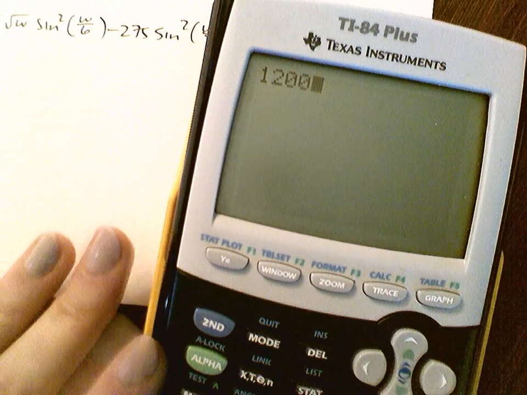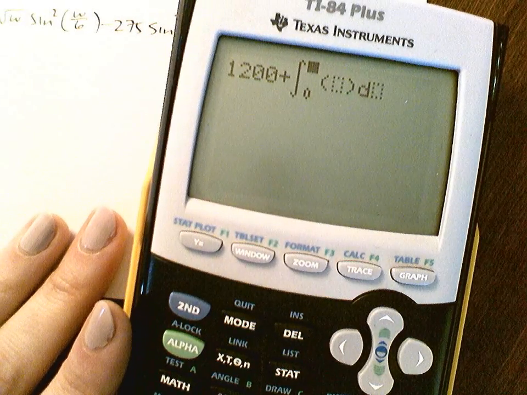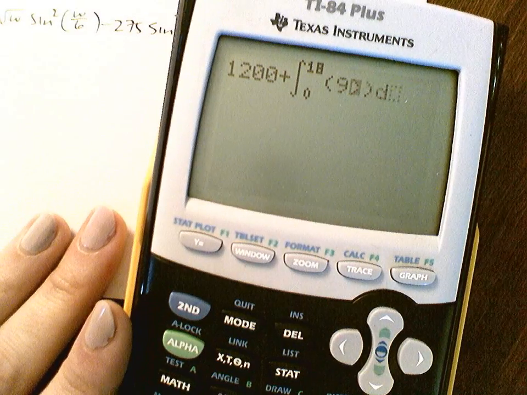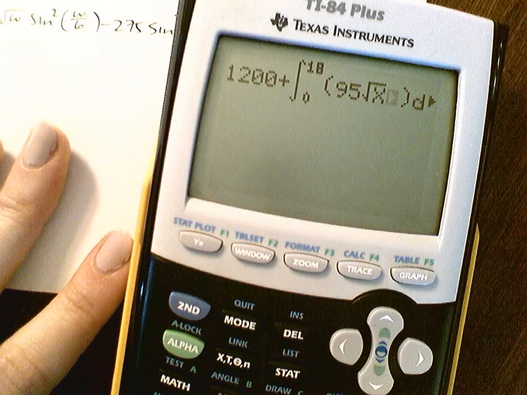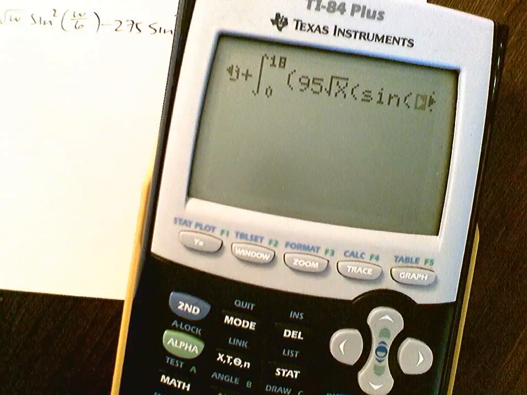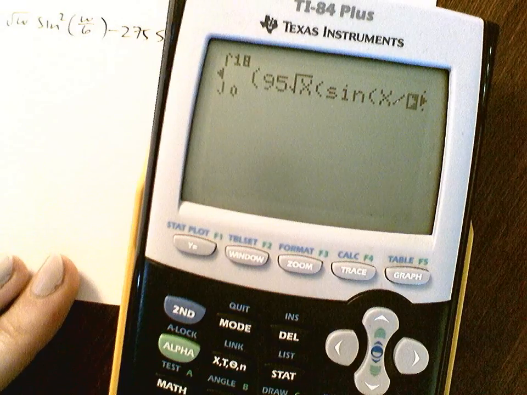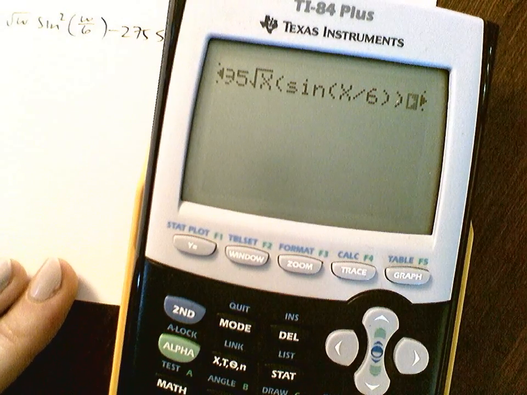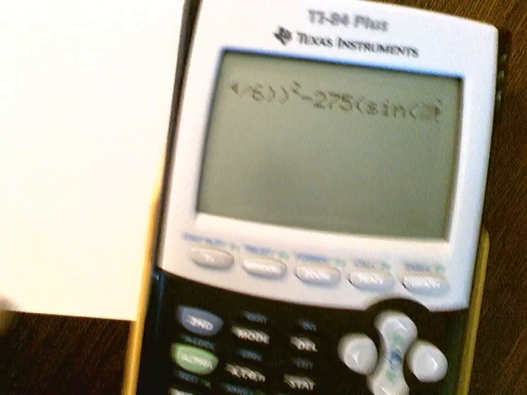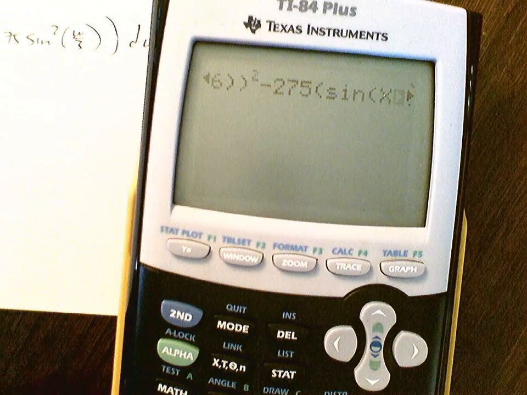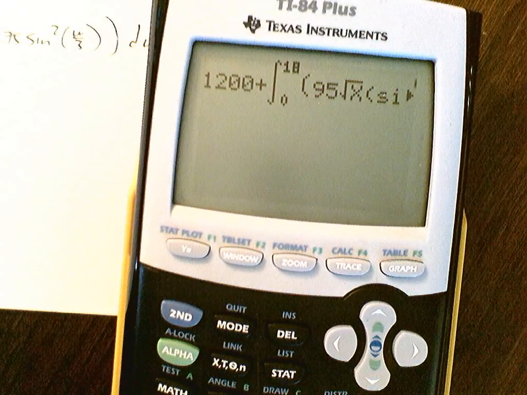Okay, so I do 1200 plus, and then I go math 9, the integral from 0 to 18, 95 radical, I can only use x's, and then parentheses, sine, x over 6, double parentheses, square it, minus 275, parentheses, sine, x over 3, double parentheses, square it.